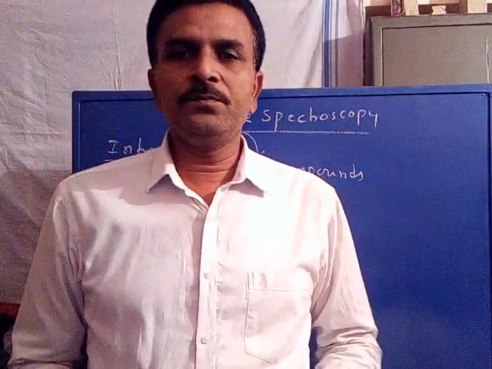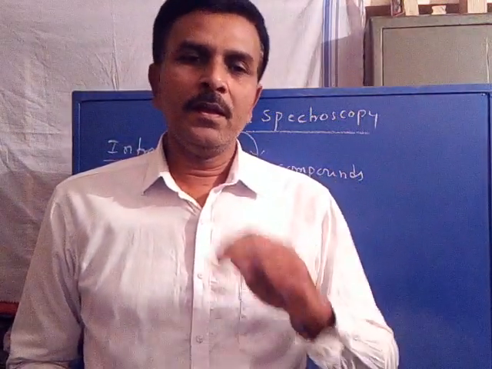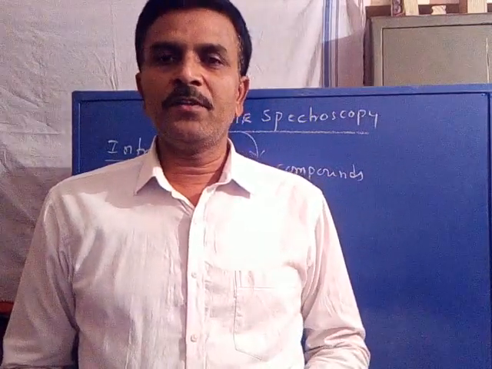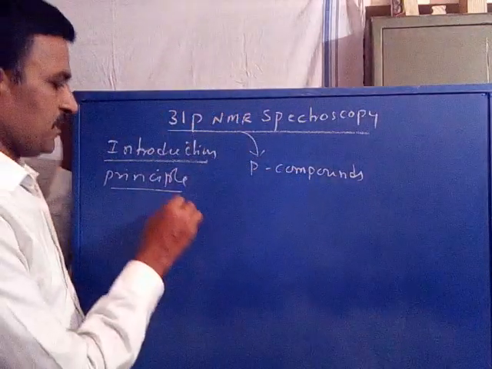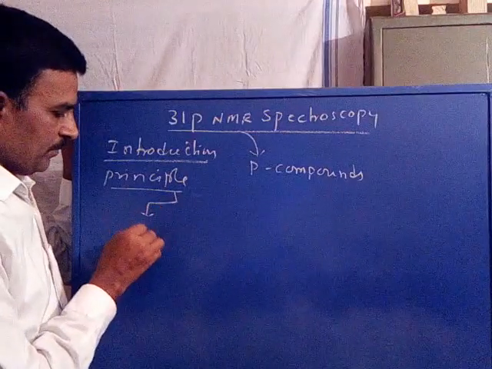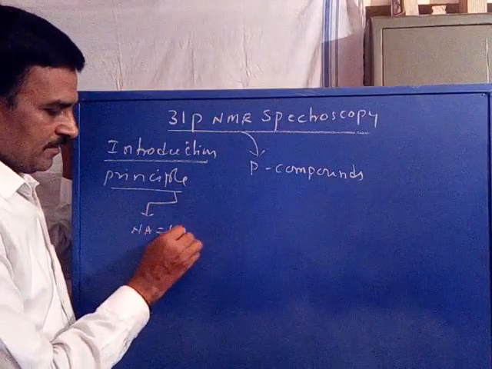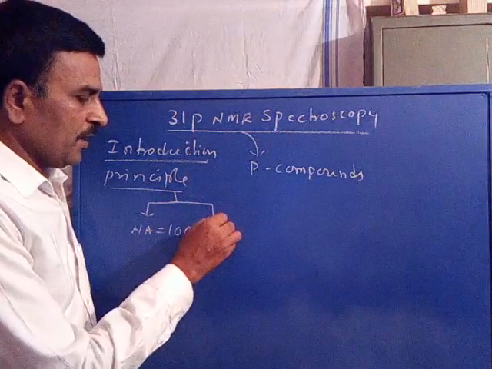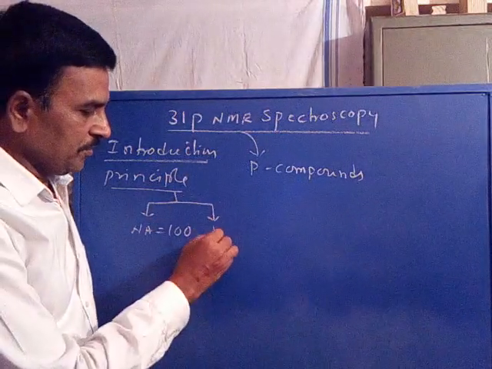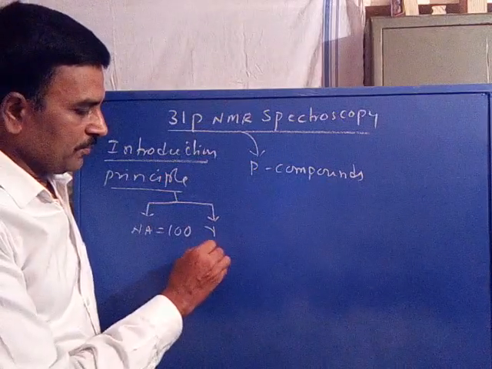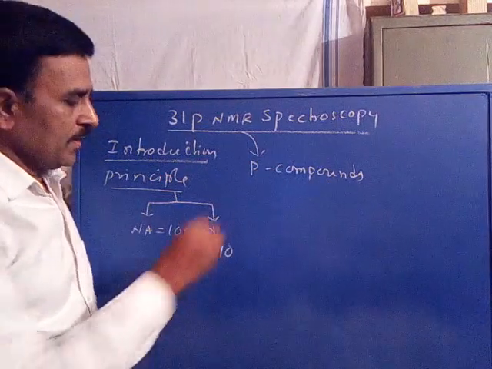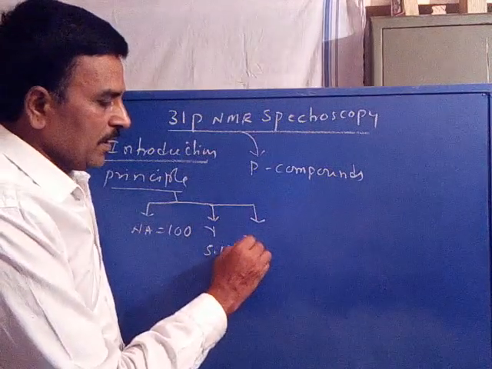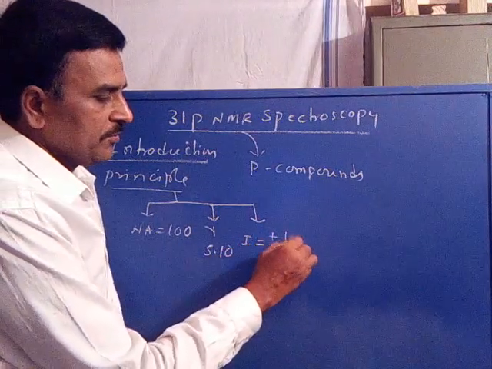Now similar to proton nuclei and similar to fluorine nuclei, the 31 phosphorus nuclei natural abundance is 100%. Together with a high gyromagnetic ratio, that is gamma is equal to 5.10, and its nuclear spin quantum number I is equal to plus or minus 1/2.